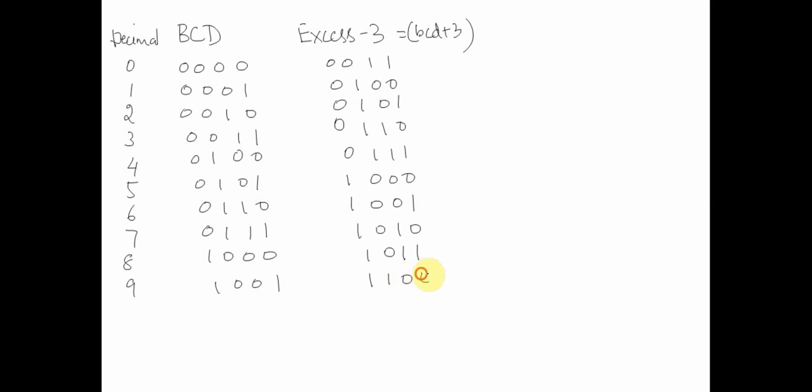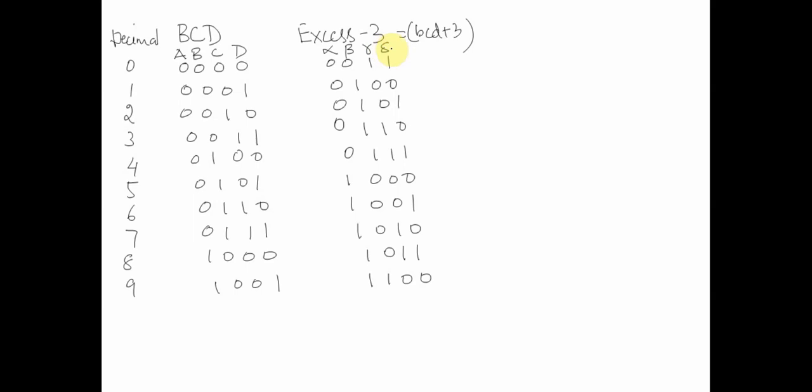Correct? Now let's assume that this is a truth table and we want to form a combinational circuit where, if we have BCD as an input, A, B, C, D are the input bits, we convert them into an output, and the output should be an XS3 code. Let's assume the output is alpha, beta, gamma and delta.